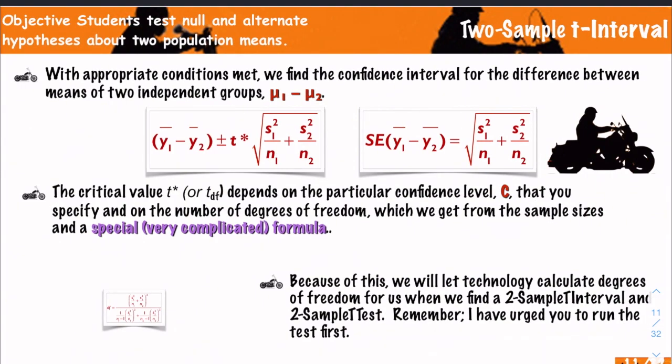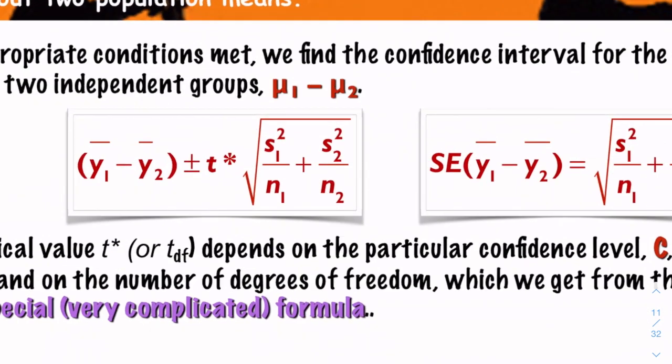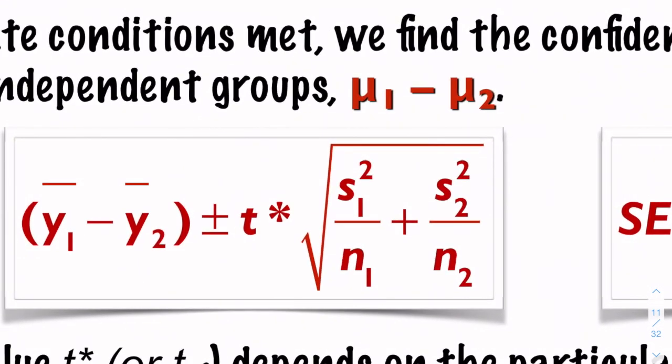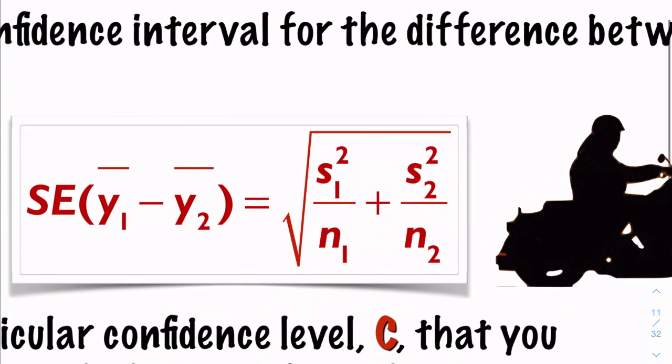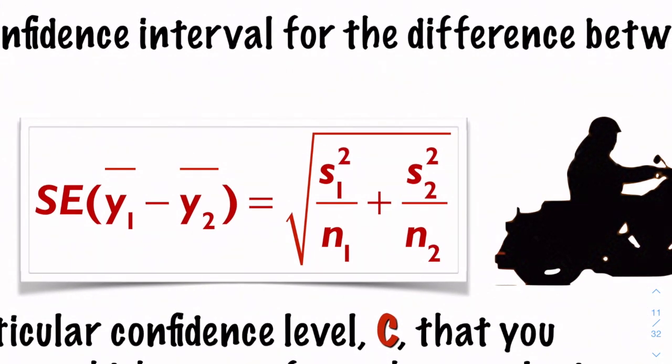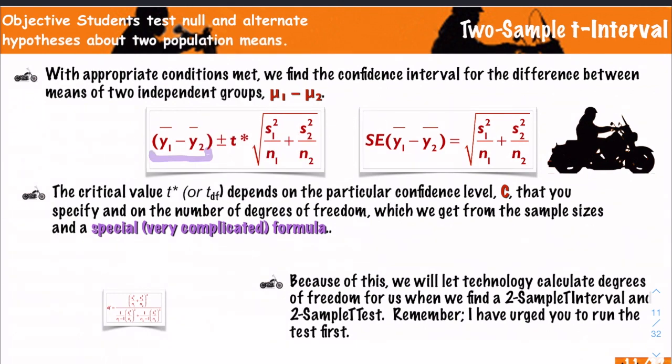So once we meet our conditions and we want to run a two-sample t-interval, the confidence interval for the difference between means for two independent groups is, we write the difference in our averages, plus or minus the critical value, times the standard error. And again, to calculate standard error, it's our sample standard deviations squared over each one of their sample sizes.